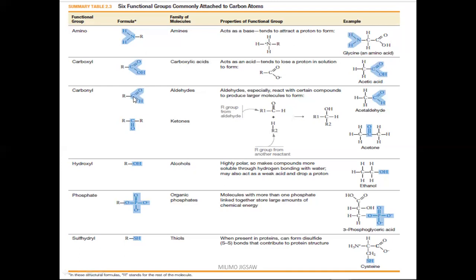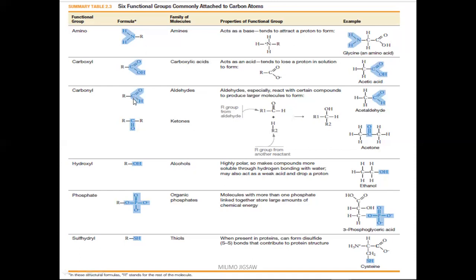This bond is actually polar because of the highly electronegative oxygen atom. So this carbonyl group is actually hydrophilic in nature.